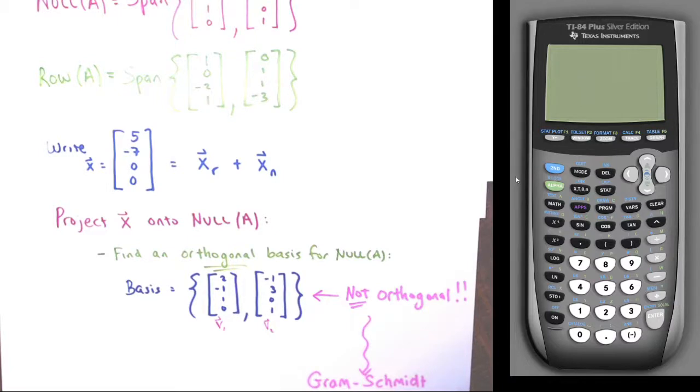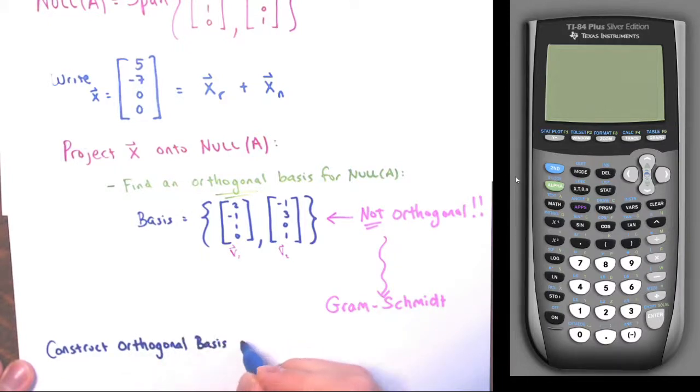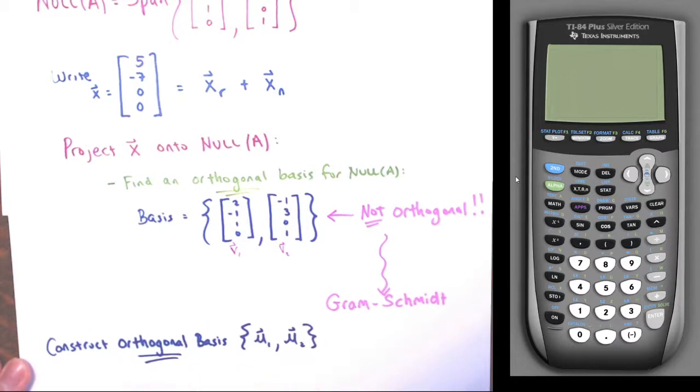And in the Gram-Schmidt process, I'm trying to construct an orthogonal basis, say with vectors u1 and u2. Well, the first step is simple.